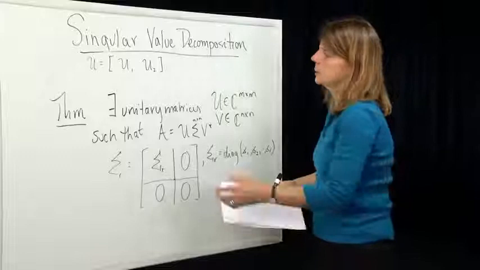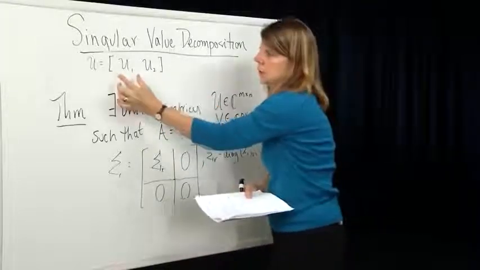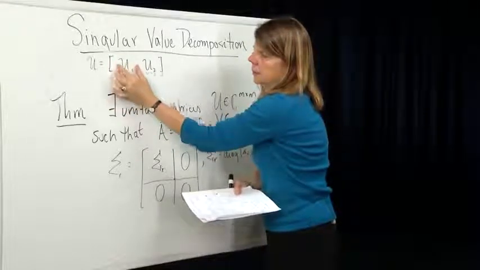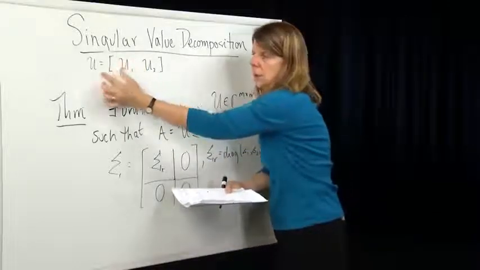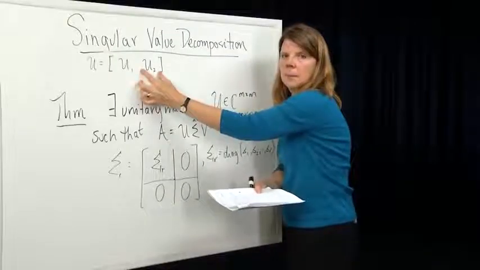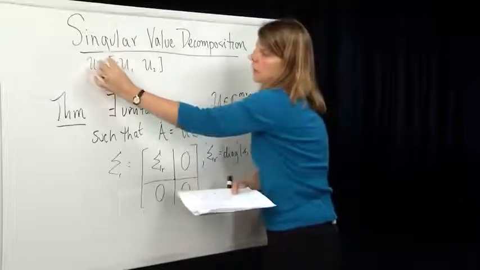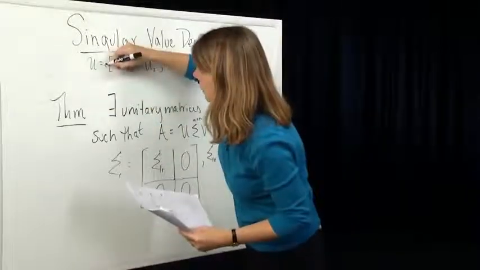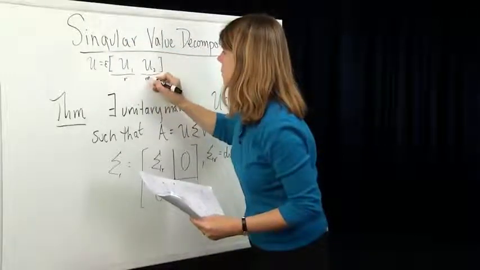We remember that U is an m by m dimensional matrix. U1 is the first R columns of the matrix U, and U2 is the remaining m minus R columns of the matrix U. So U1 has m rows and R columns, so it's m by R, and then U2 has m minus R columns.